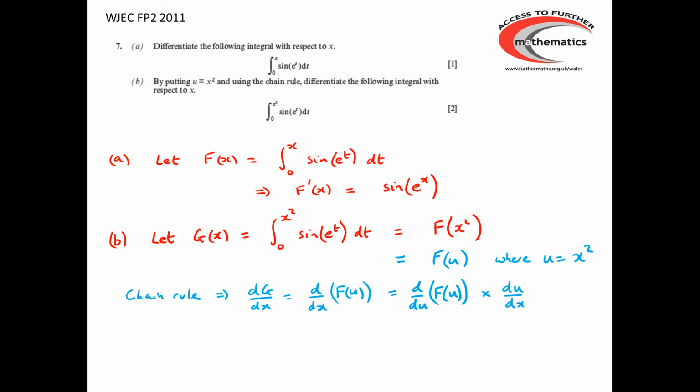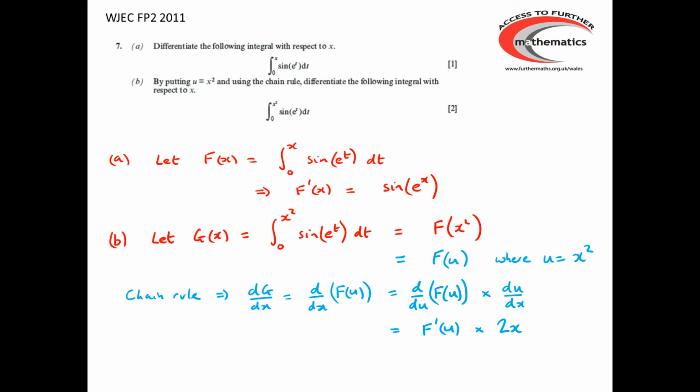So to find the derivative of G with respect to x, we want the derivative of F of u with respect to x, and the chain rule tells us that that is the derivative with respect to u of F of u times du by dx. Now we know the derivative of F can be written as F dash u.